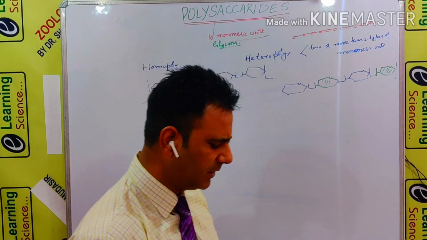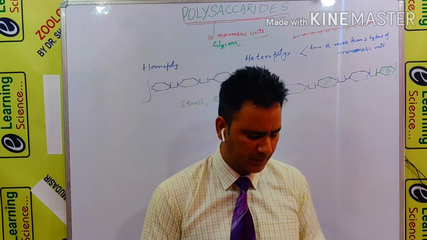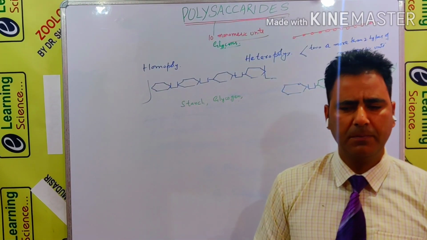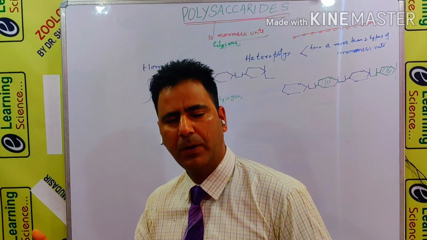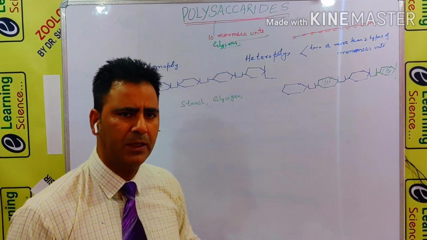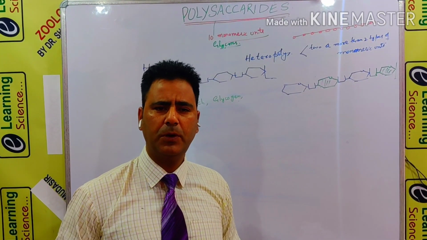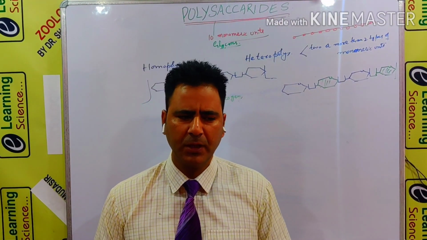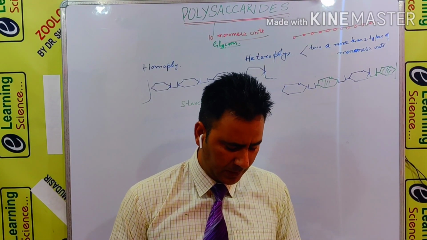They are abundantly stored. Starch is stored in plants, as the storage polysaccharide of plants. Glycogen is found as a storage polysaccharide in animal cells, in our liver and in our muscles.